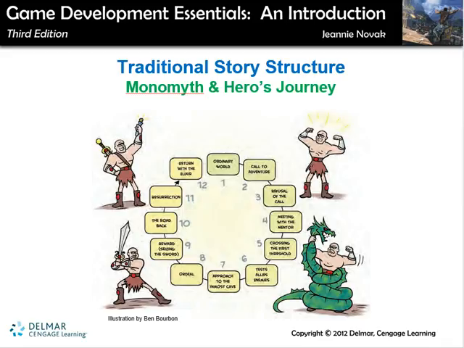Then here comes the mentor. Remember, we talked about the mentor earlier. The hero meets and is talked to by his mentor about the quest. The mentor, like we said, is helping guide the hero.